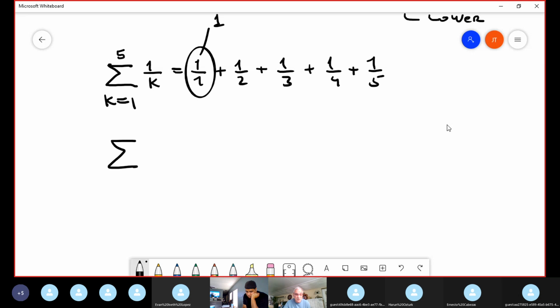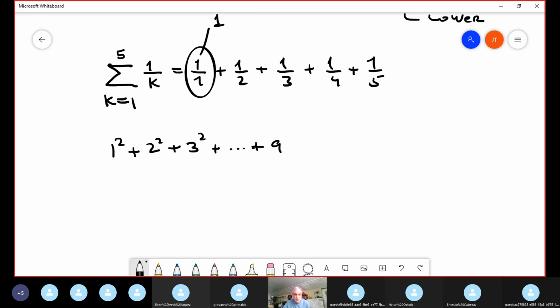Another example, suppose sigma from k equal 1. No. Let's do it backward now. Backward. Because I give you the summation like that: 1 squared plus 2 squared plus 3 squared plus, up to, 9 squared.